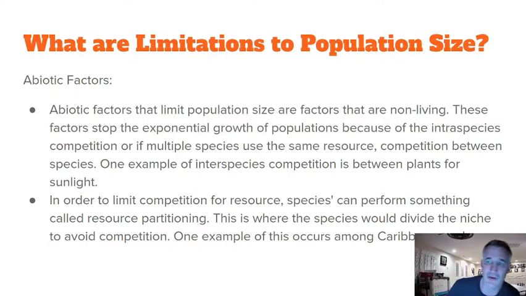So let me give you a couple ideas. When we're talking about interspecies or intraspecies, it could be competition within the same species. Think about the bighorn sheep, and sometimes you see those pictures where they're butting their heads together while they're competing, basically trying to establish which male is the alpha male for a particular area.